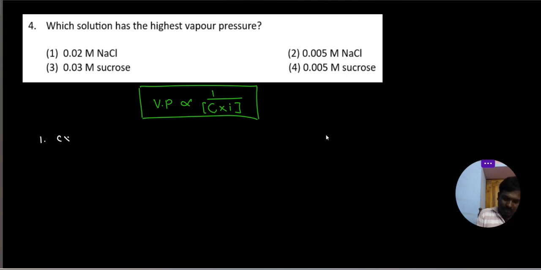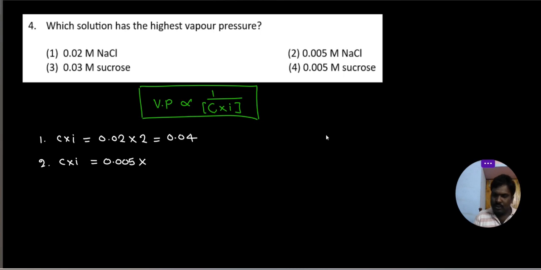Now first one, C into I: 0.02 NaCl, van't Hoff factor 2, Na+ Cl-, so 0.04. Second one, C into I equal to 0.005 into sodium chloride, van't Hoff factor 2, so 0.01.